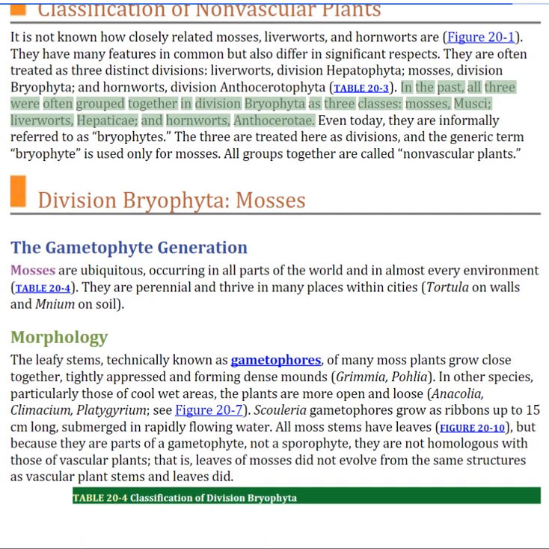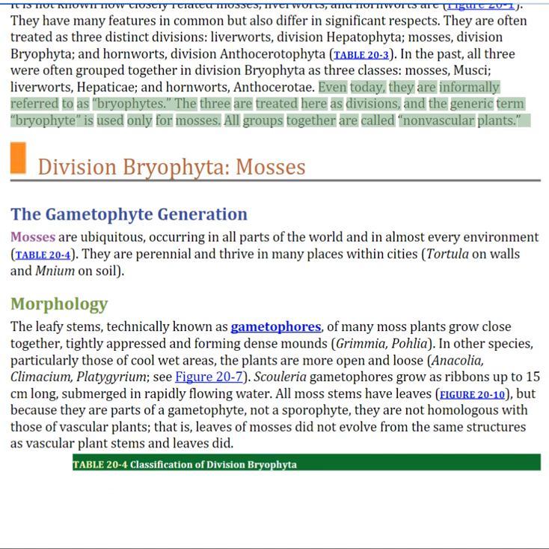In the past, all three were often grouped together in division Bryophyta as three classes: mosses, Musci, liverworts, Hepaticae, and hornworts, Anthocerotae. Even today, they are informally referred to as bryophytes. The three are treated here as divisions, and the generic term bryophyte is used only for mosses. All groups together are called non-vascular plants.